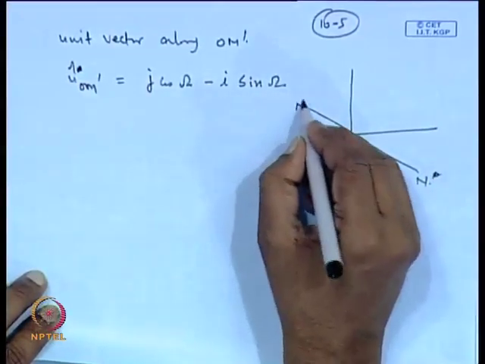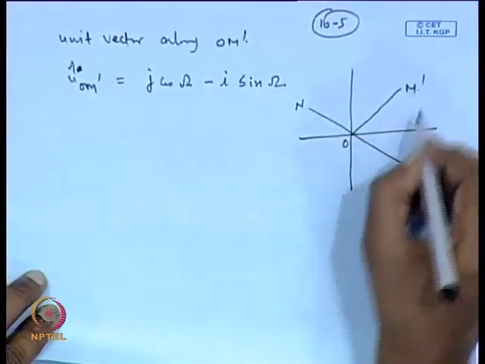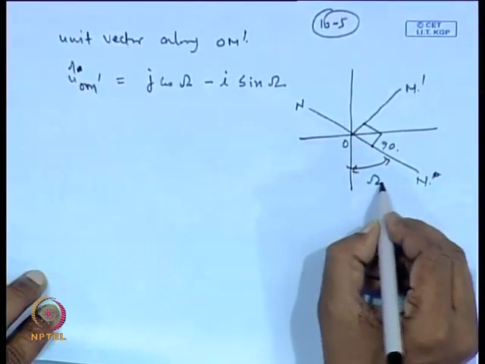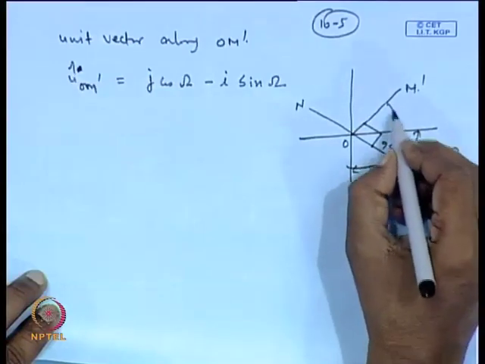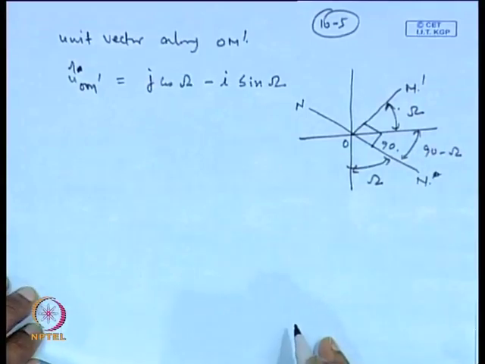This is N prime O, and OM prime is perpendicular to this line. This is 90 degree. Angle from here to here is capital omega. This is 90 minus capital omega. This angle is then capital omega.